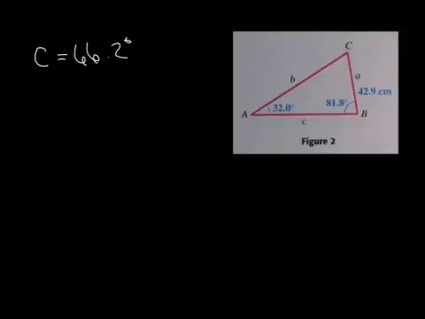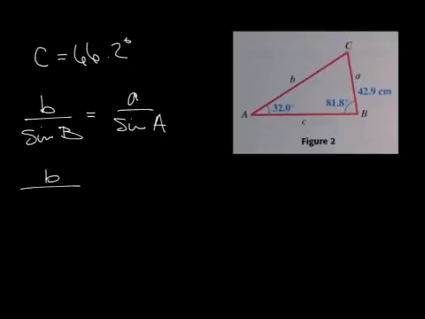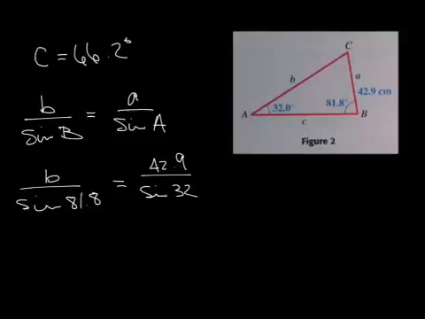Alright, now in order to find, let's say, the length of b, we're going to have our unknown on top, and then something that we know. Well, we know the length of a, so we're going to use that one. Alright, so we're looking for b. We know the angle of B is 81.8, and we know the length of a is 42.9, and that's going to be over sine of 32.